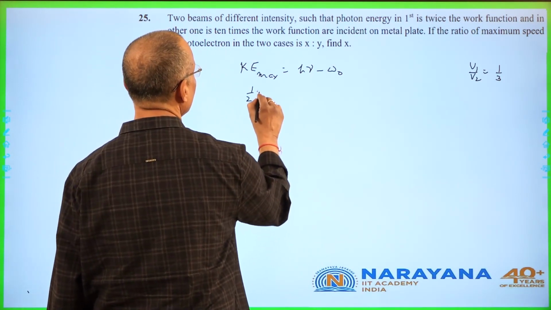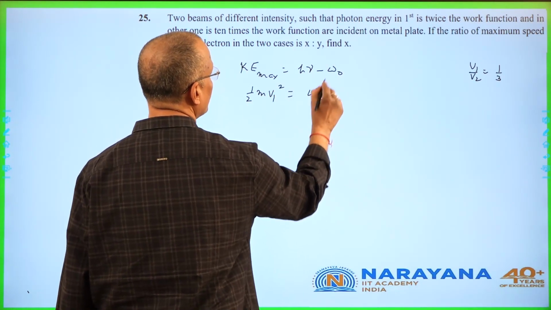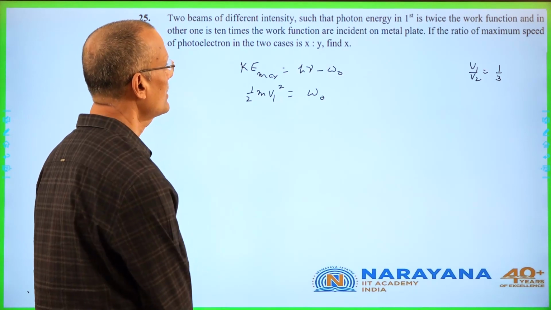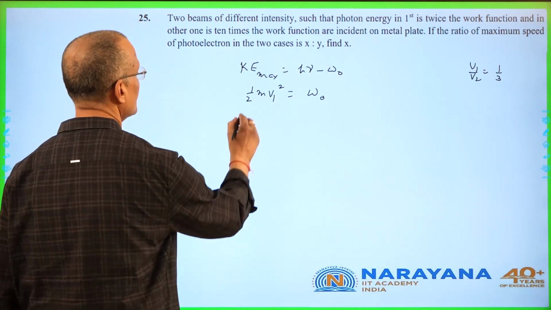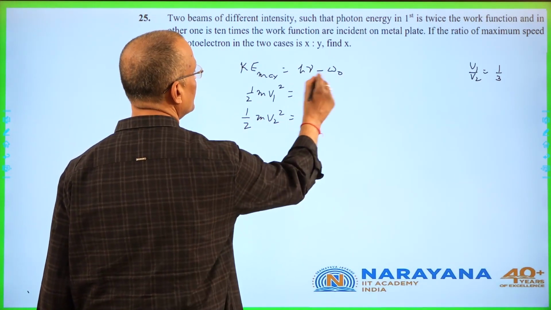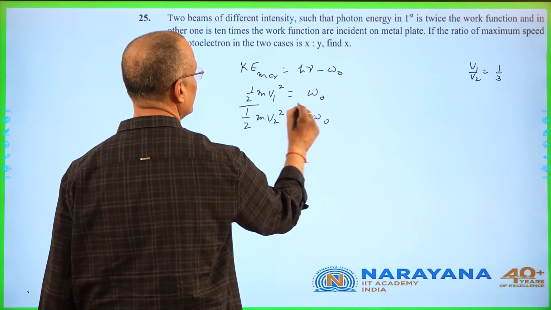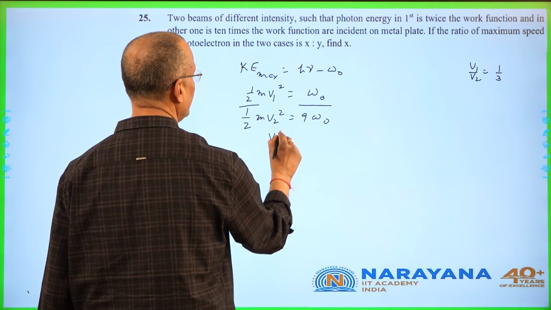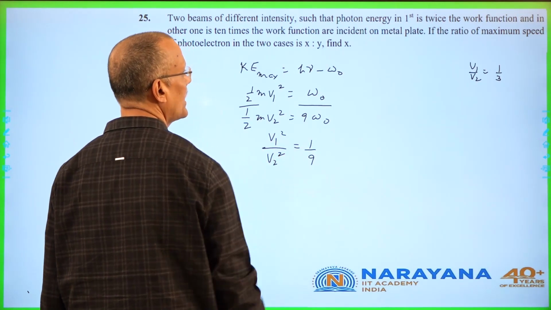So half m v1 squared, 2 W naught minus W naught is W naught. Second time they are telling you 10 times, half m v2 squared, 10 minus 1, 9 W naught. Take the ratio, v1 squared by v2 squared, 1 by 9.